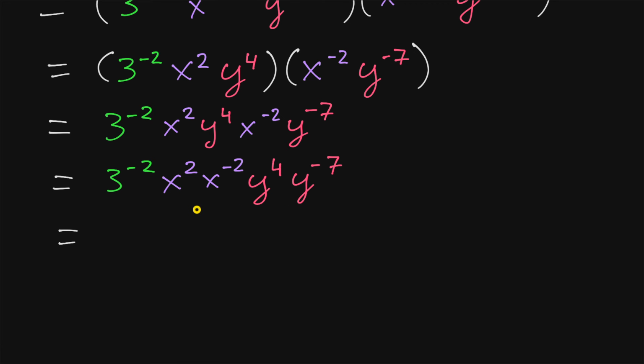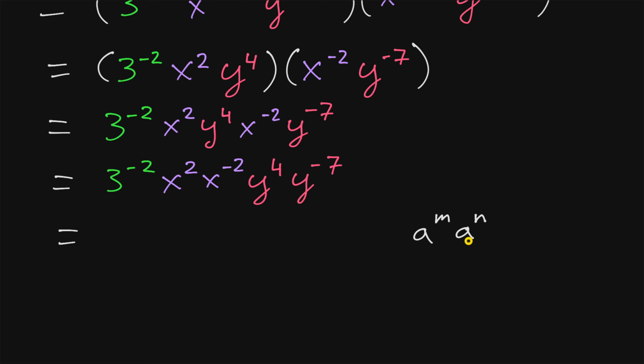Well, now you can apply yet another exponent law. In this case, you can apply the law that says that if you have some number raised to a power m multiplied by that same number raised to a power n, where m and n could be the same power or they could be different powers. Like here we have x and x, so these bases are the same.